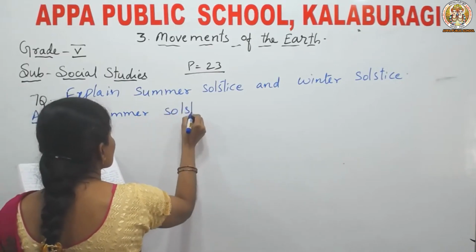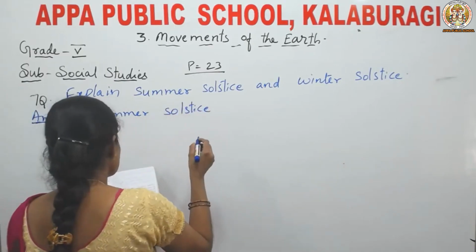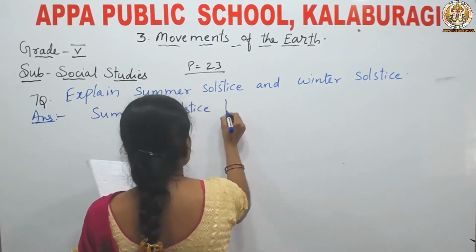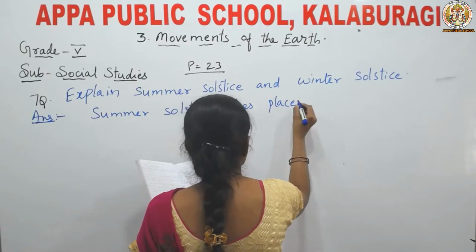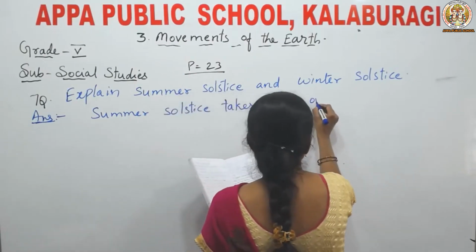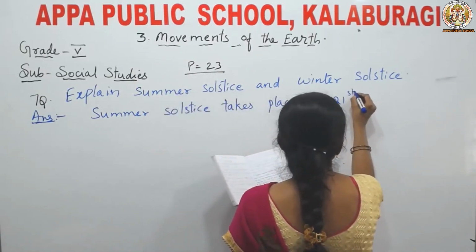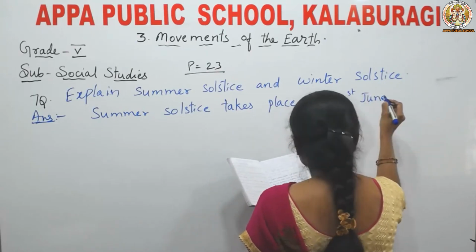Summer solstice takes place on 21st June.